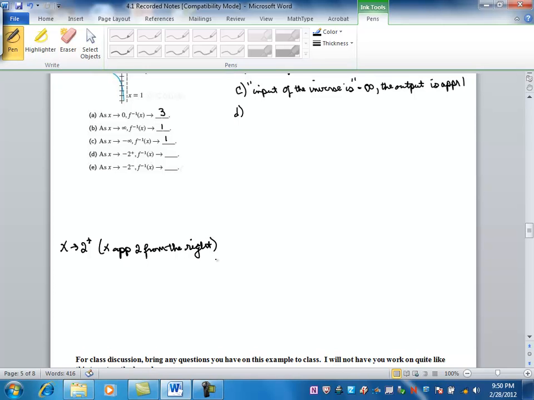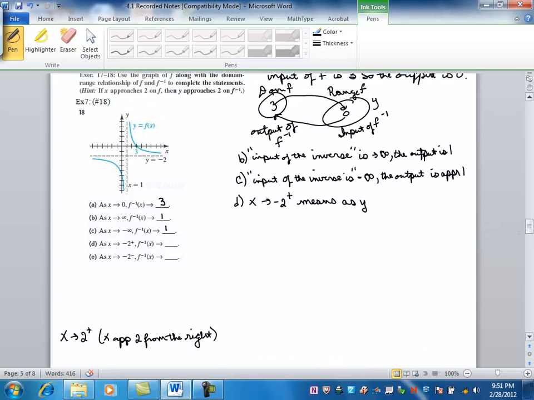Well, in this case, when we look at D, x approaches negative 2 plus sign means as y approaches negative 2 from above. So here we go. My y values are approaching negative 2 from above.